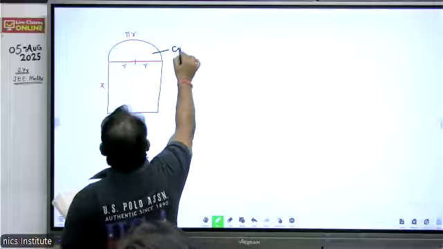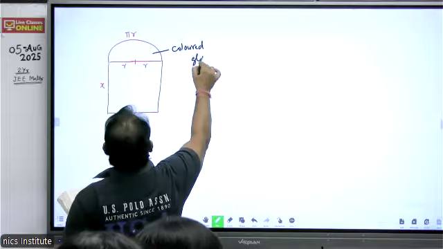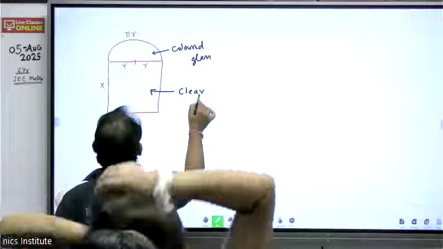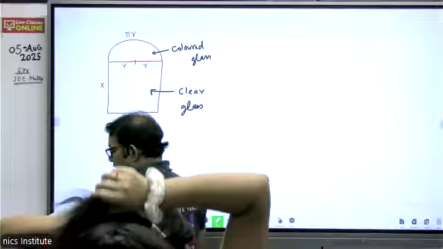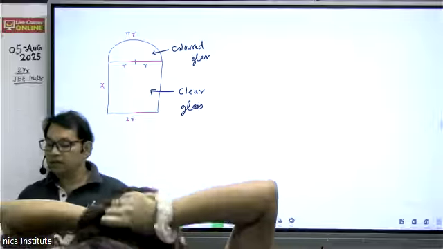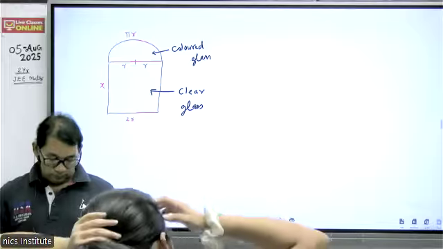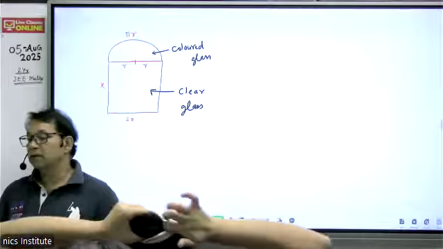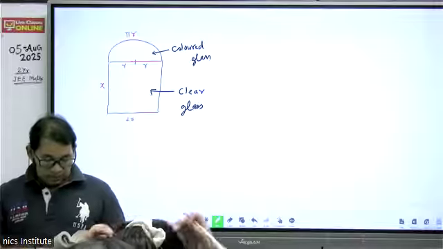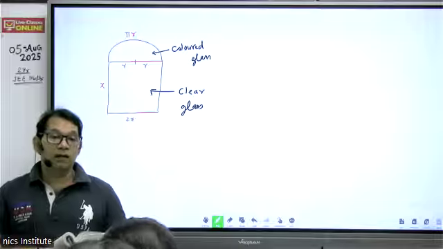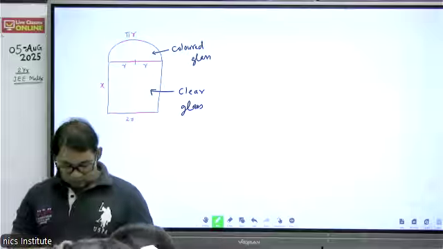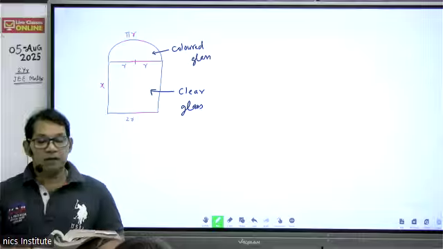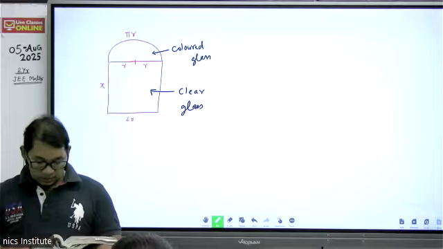So this is colored glass, whereas rectangular portion is fitted with clear glass, which transmits 3 times as much light per square meter as the colored glass does.